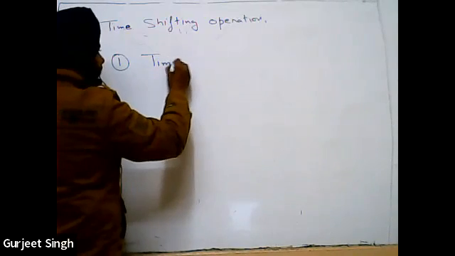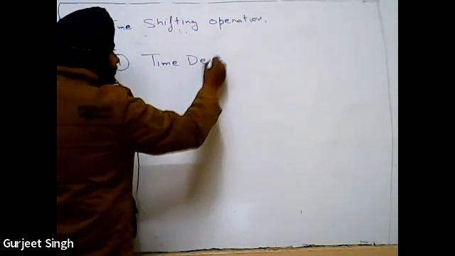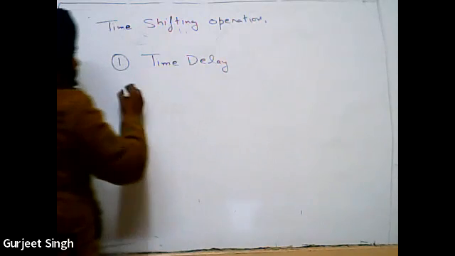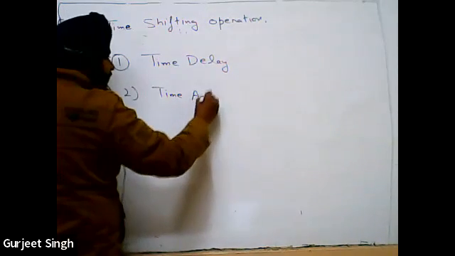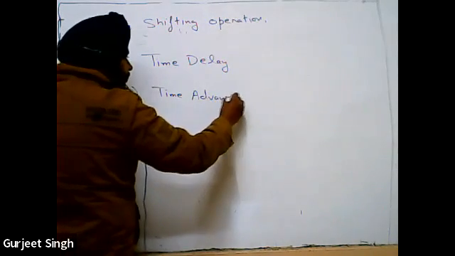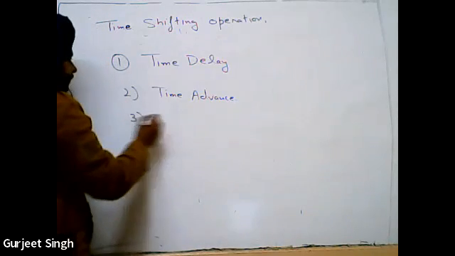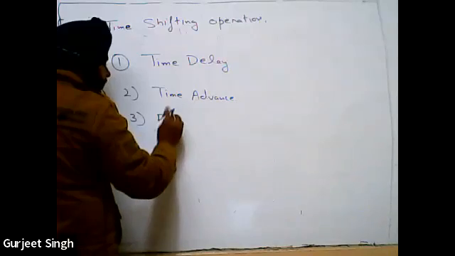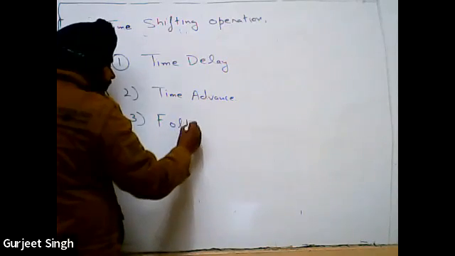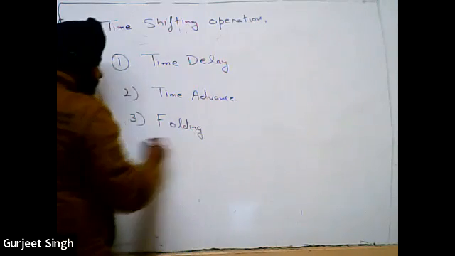First one, we have the time delay operation. Second type, we have the time advance operation. Third type, we have the folding of the signal.